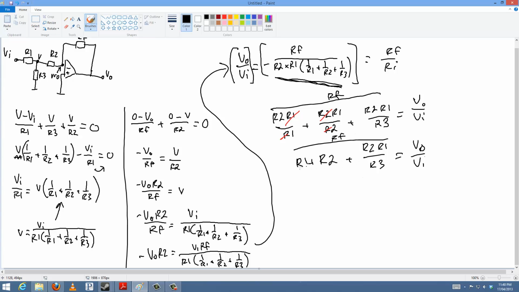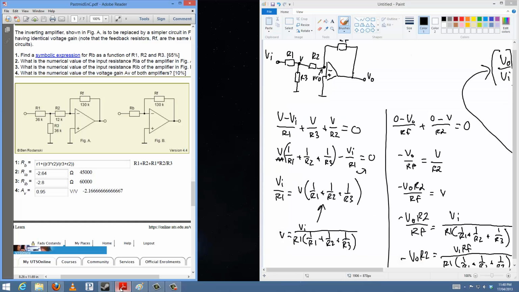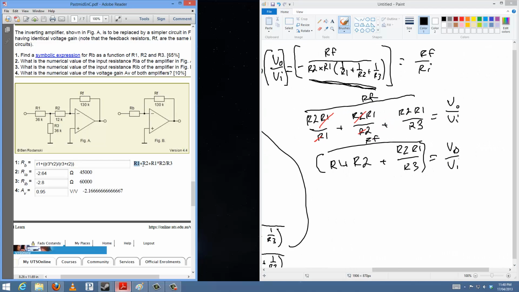So this bottom section here will be our RB, and if we check our little thing, is that what we get? That is exactly what we get, yes. R1 plus R2 plus R1 times R2 on R3. So that's how we get our value for RB.